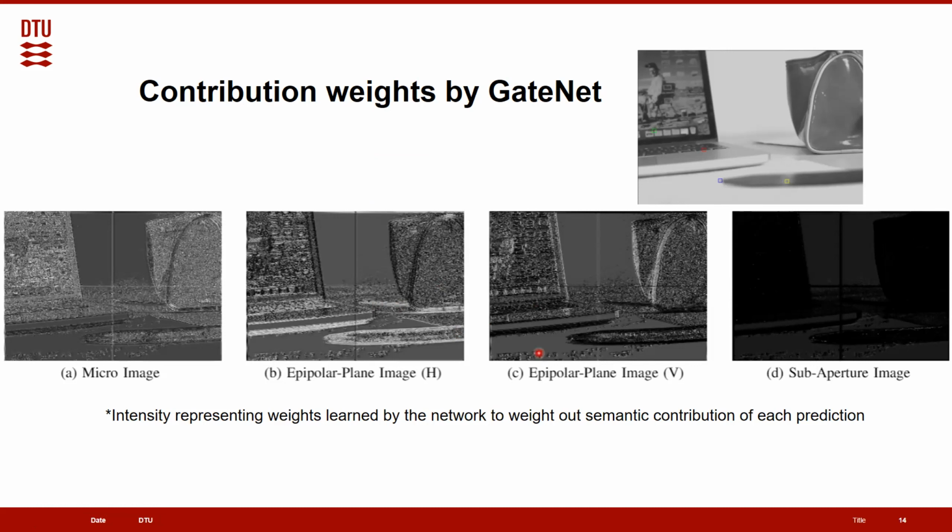What we see is the weight assigned, where light values are high values. We find these high values at the edges here. We also see the micro images picking up, but in a more noisy structure. And then, interestingly, the GateNet doesn't utilize the reconstruction from the sub-aperture images much.